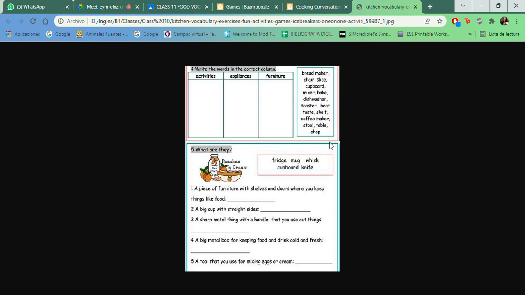Furniture is, for example, a chair, a table, a couch, a bed. What is a desk? That would be a cupboard. Chair, yes. Those are pieces of furniture.